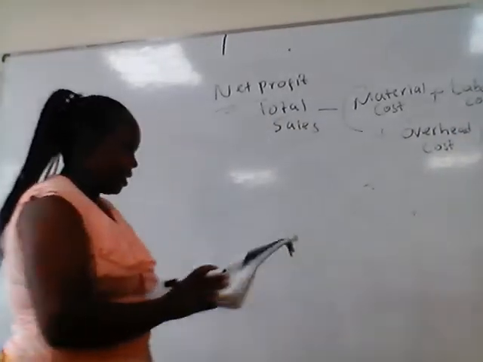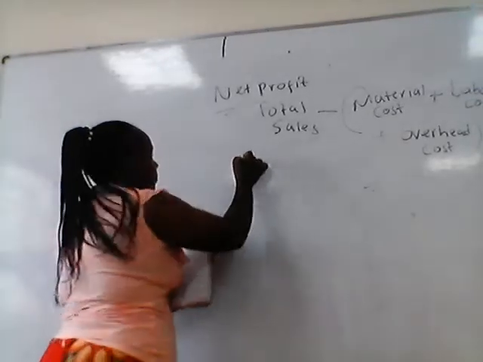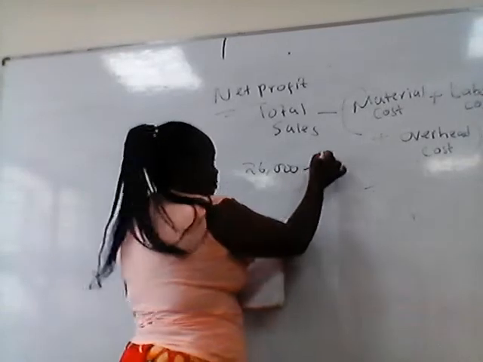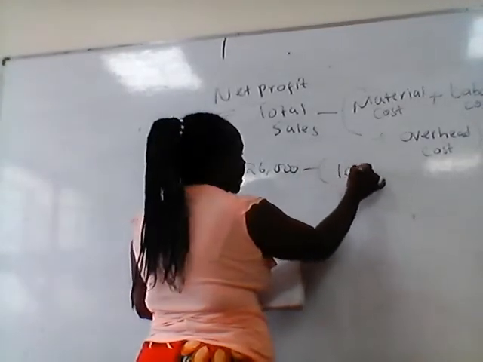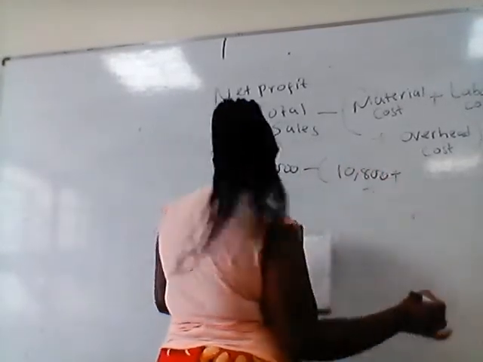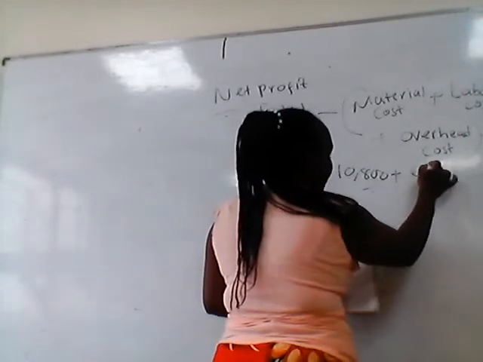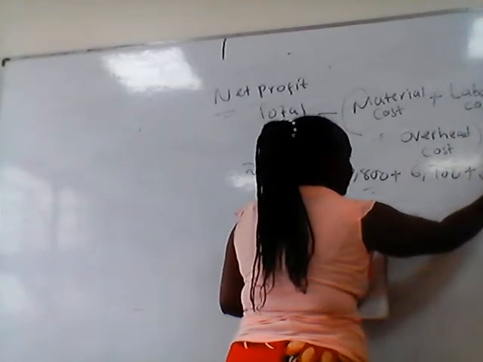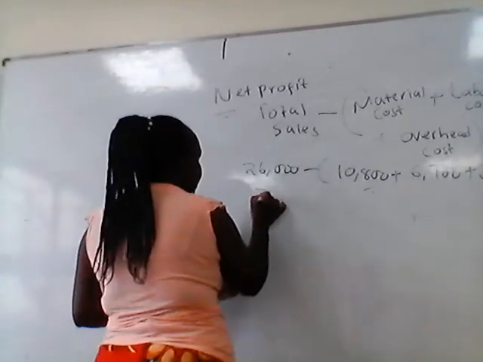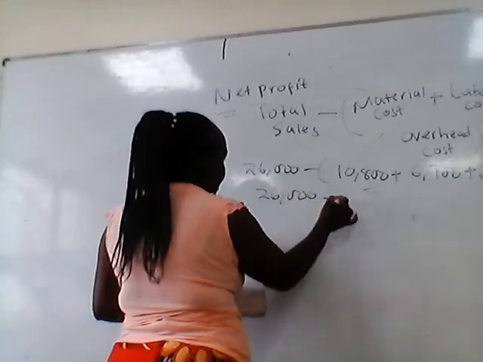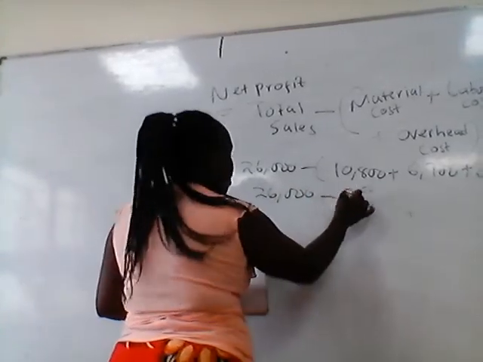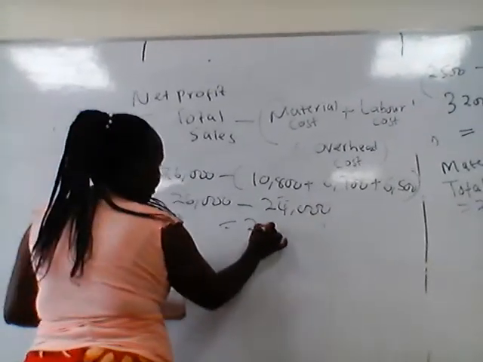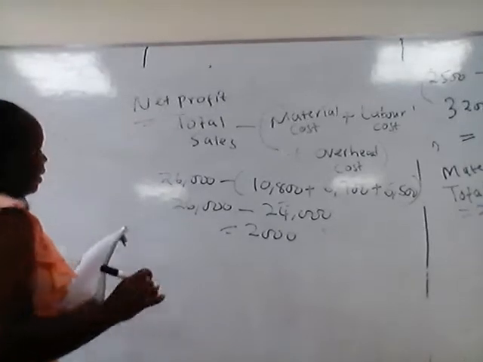So the total sales is 26,000 minus 10,800, which is the material cost, plus 6,700, the labor cost, plus 6,500. So it will be 26,000 minus 24,000, and we'll get 2,000. That is the net profit.